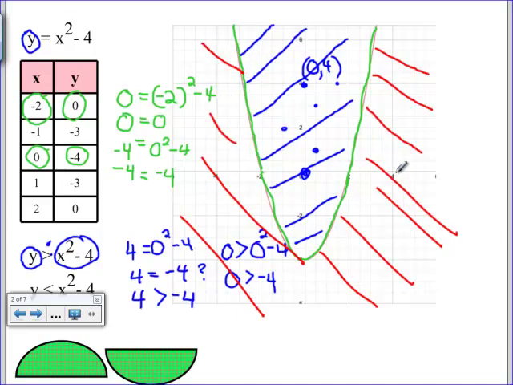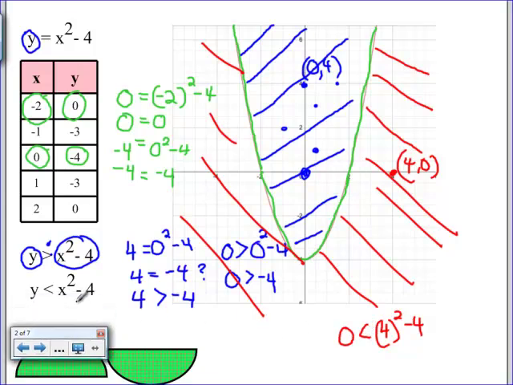So if I pick a point in the red area, let's pick this point, 4, 0, that means I put a 4 in for x and I put the y value as 0. The 0 value is indeed less than x squared minus 4. 0 less than 16 minus 4? Yes, it is. So those are your three areas of a parabola.